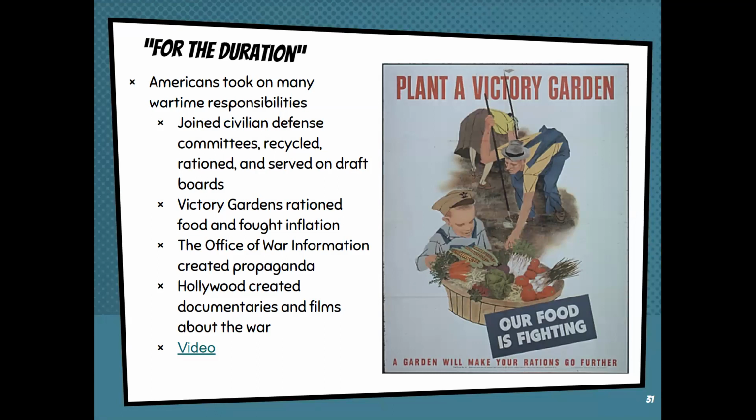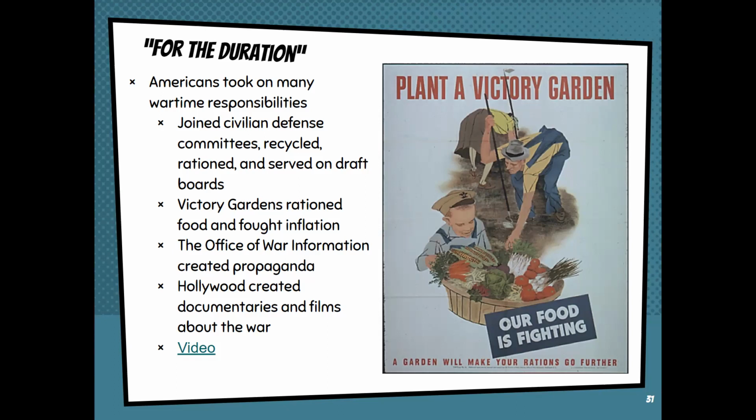For Americans on the home front, they had to take on wartime responsibilities. They joined civilian defense committees. They recycled. They rationed. Many Americans built victory gardens in their yard, and the thought is not to grow food and send it to soldiers.